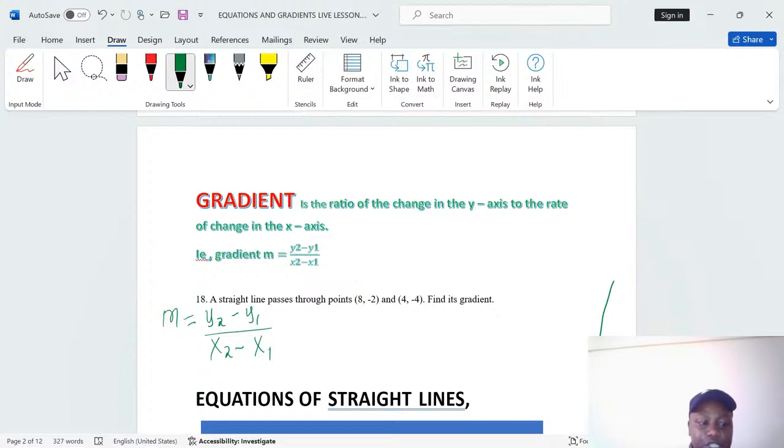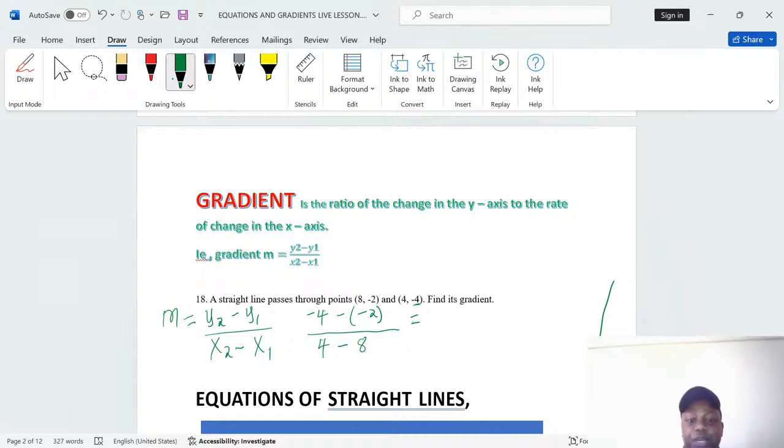Let me now substitute this. I'll take the y coordinate here, which is -4, then I subtract -2. You must have been very keen there. Minus -2. Then I divide by the x coordinate 4 minus the other x coordinate, which is 8. When we take -4 and subtract -2, it becomes +2.